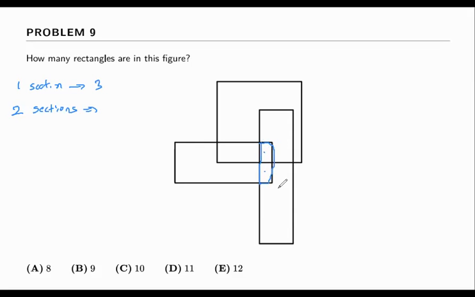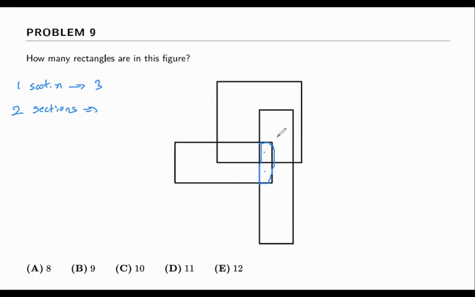Okay. When I say 2 sections, I mean a rectangle with two sections. This is one, this is two. And your goal is to see another one that has only two sections. Maybe you can see these two, right? Now you can see these two. That will be two sections as well. But do we have anything other than those two?